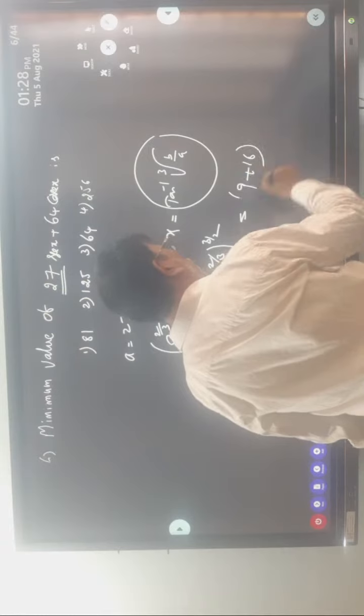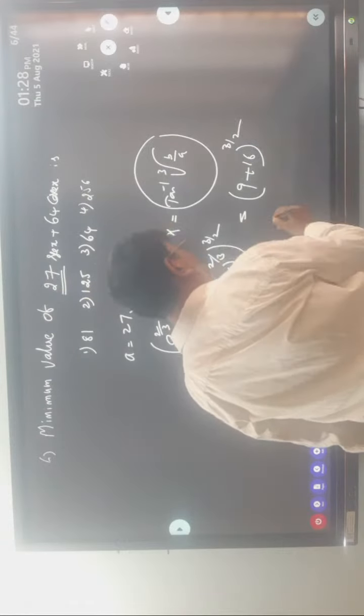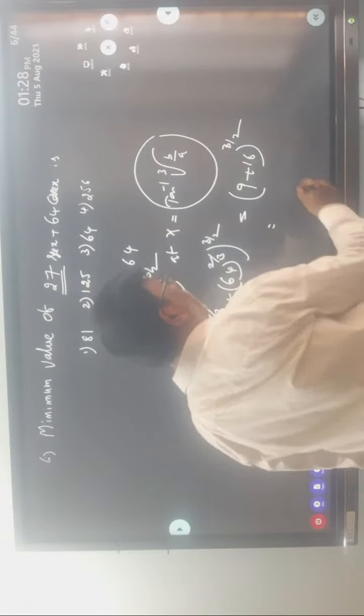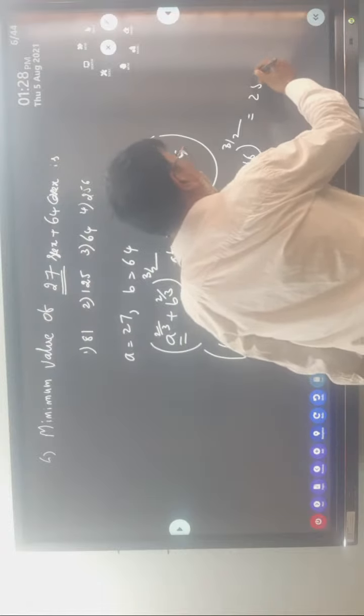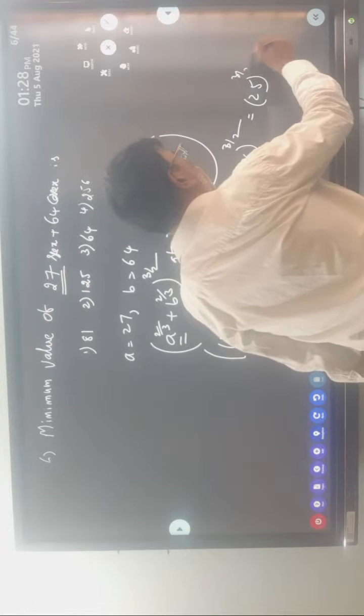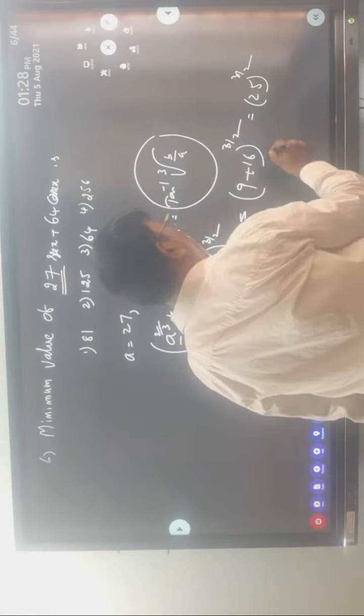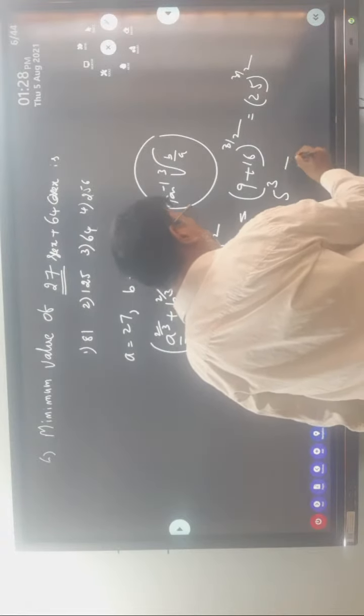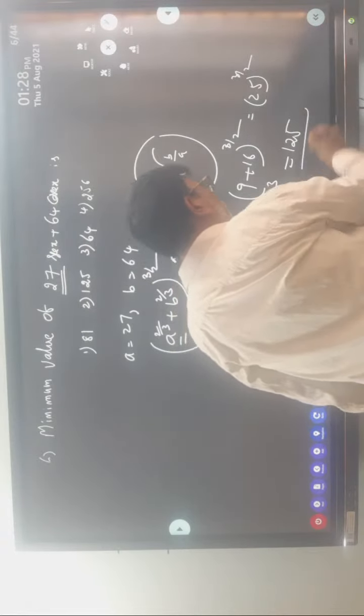So whole power 3 by 2 is nothing but 25 power 3 by 2. This can be taken as 5 square, so it is 5 cube, which gives the answer 125.